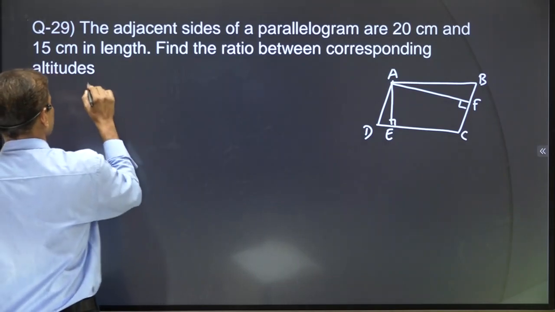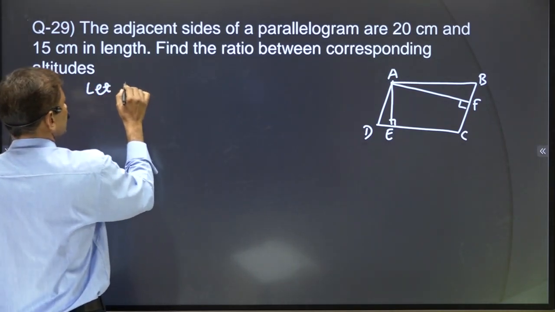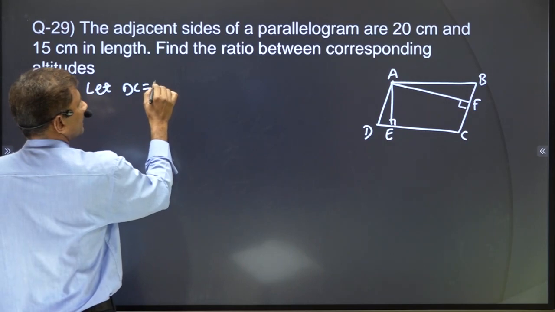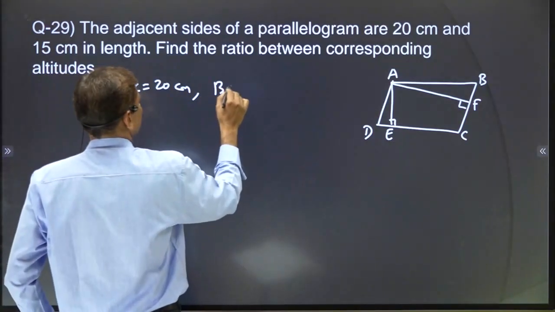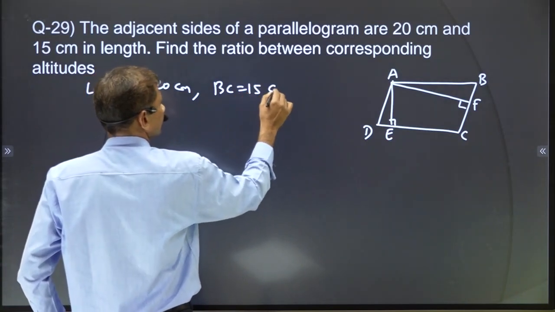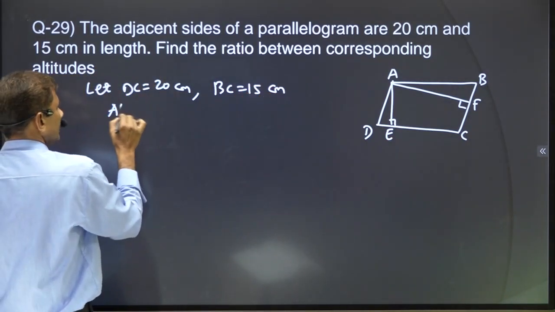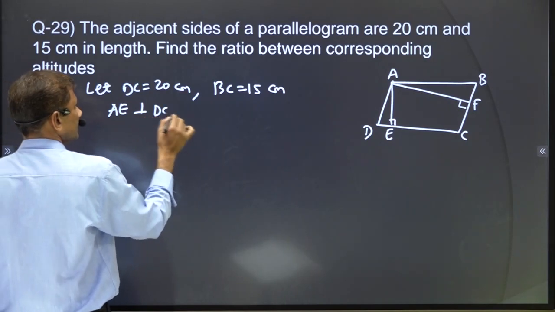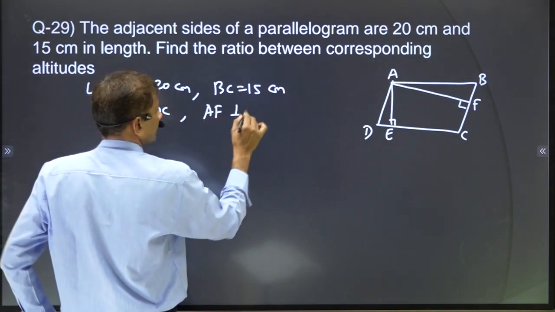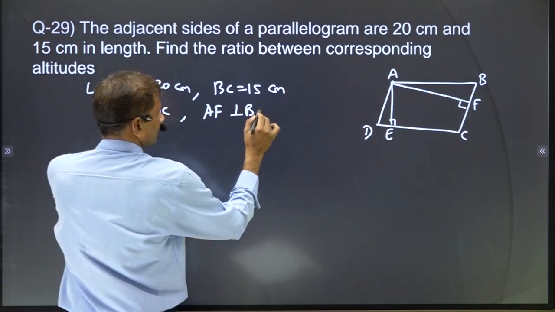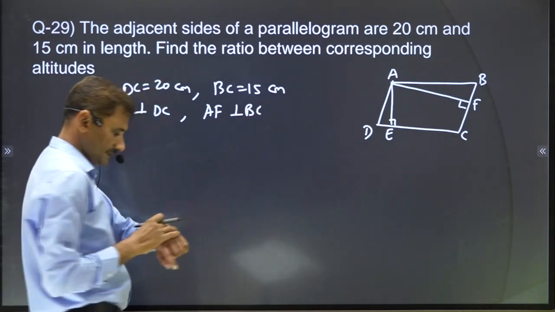Okay, so write down, let DC equal to 20 centimeter, BC equal to 15 centimeter, AE perpendicular to DC and AF perpendicular to BC.